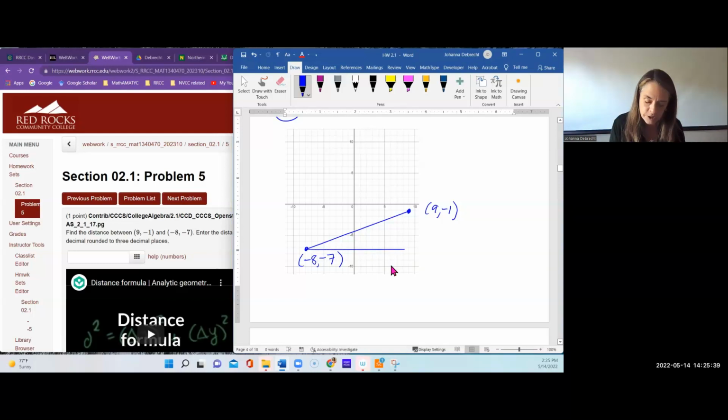The Pythagorean Theorem is based on right triangles. Right triangles have a right angle or a 90-degree angle in one corner. The Pythagorean Theorem is the following.